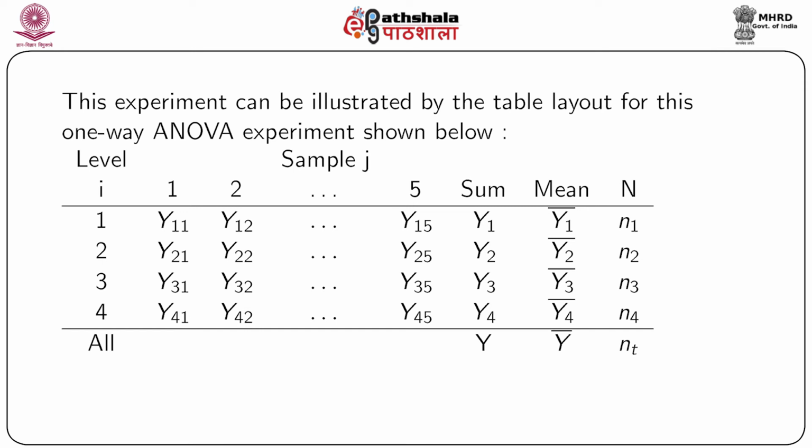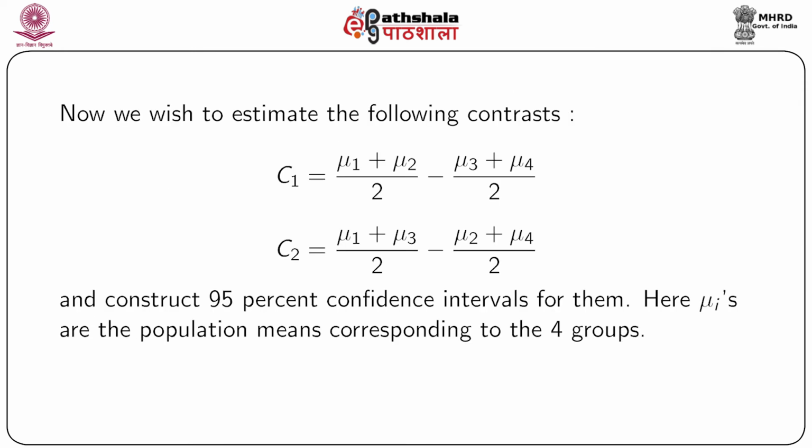Now it so happens that in this example, which is used for illustration, it's a balanced case where each of the factors or levels has an equal number of sample units, which means that n1 equals n2 equals n3 equals n4. Now we wish to estimate the following contrasts. So we have written the contrast in the form C1 equals (mu1 plus mu2)/2 minus (mu3 plus mu4)/2.